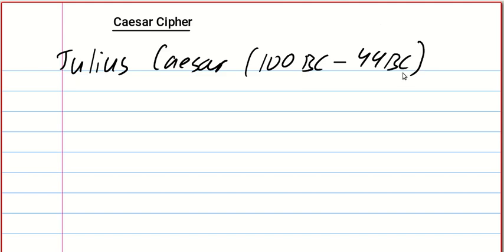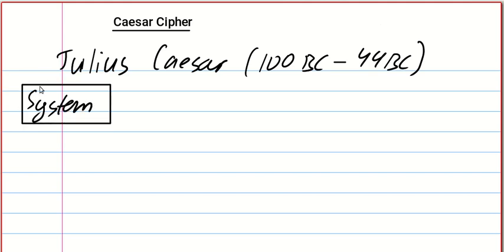People say he was famous for using cryptography and sending messages to his generals. And what is his system? His crypto system. Crypto system was discussed in the last small lecture.